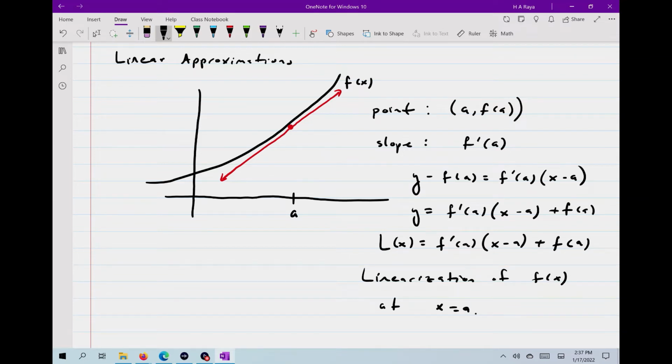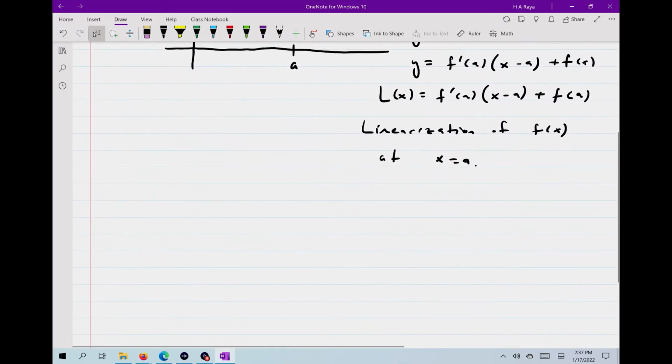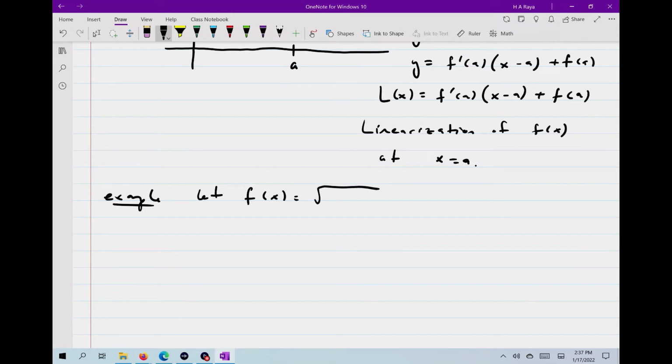So let's look at an example where we're asked to find the linearization of a function at a specific value of a. Let f of x equal to the square root of x plus 3.